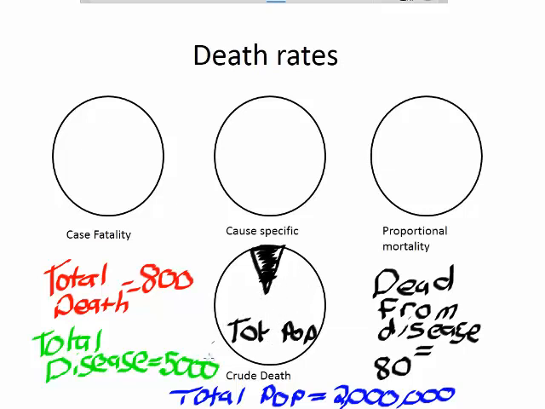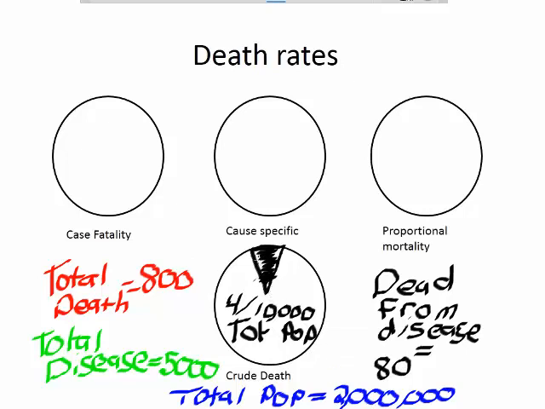In this case, with our calculation, we have the number of people who died, 800. 800 divided by 2 million will give us 4 per 10,000.